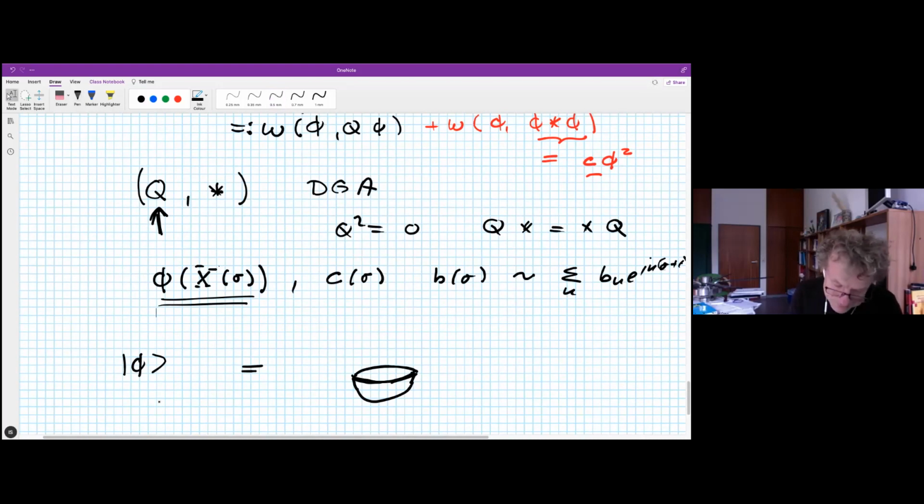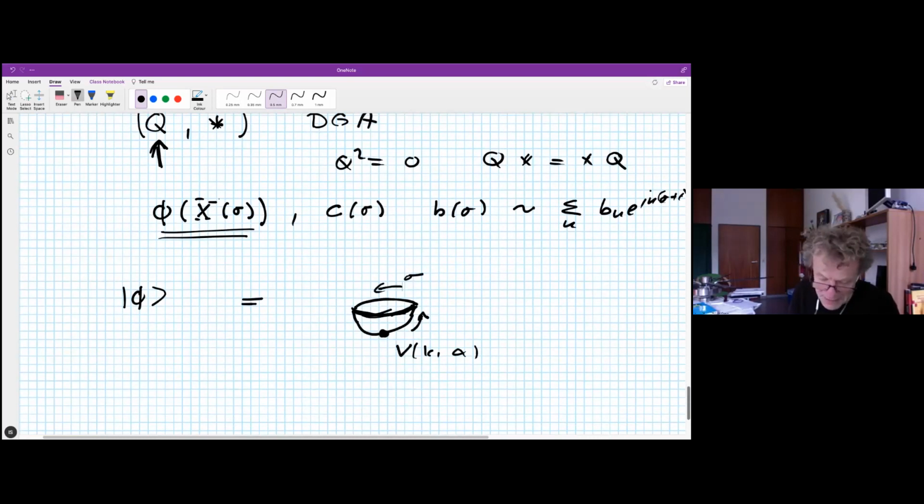What we can do is take a state phi, which corresponds to a certain operator inserted here. Remember, we inserted these operators. That gave us the initial particle. Then you propagate this in this way, and this gives rise to a field configuration here as a function of sigma. This is the sigma variable, which goes in this way.